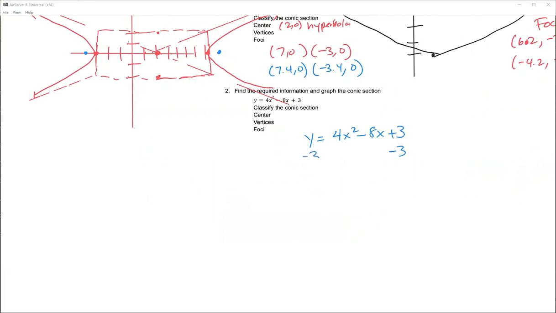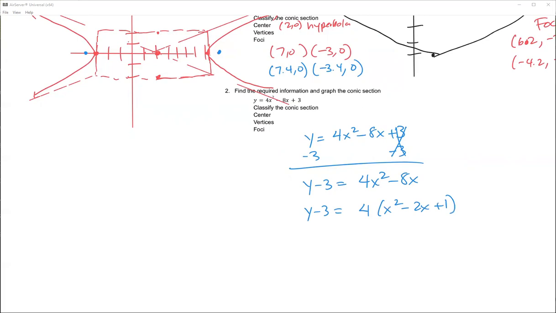You subtract the 3, becomes y minus 3 is equal to 4x squared minus 8x. Anybody know what to do next? Complete the square, so it'd be y minus 3 is equal to 4. Don't take out the x, it's tempting, but when you're completing the square, you just need to leave that in: x squared minus 2x plus 1.